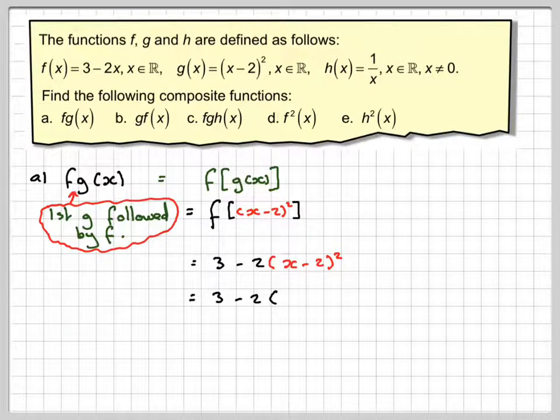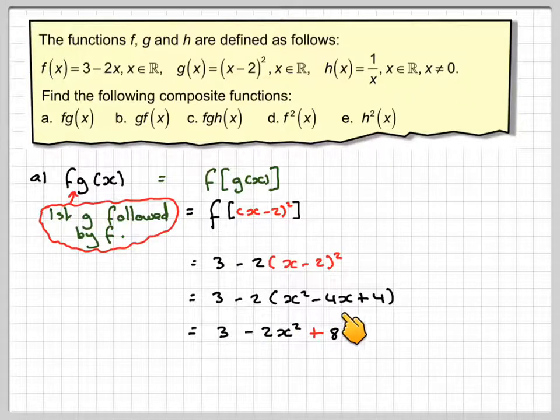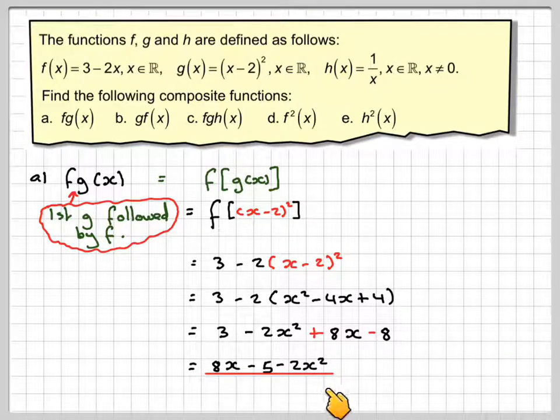Expanding (x minus 2) squared gives x squared minus 4x plus 4, and then expanding the bracket we get 3 minus 2x squared plus 8x minus 8. Putting the 8x at the beginning, 3 minus 8 is minus 5, and then minus 2x squared. That's the final answer.